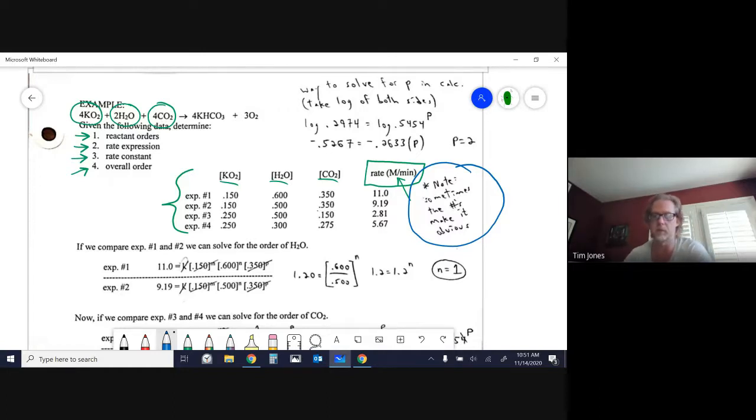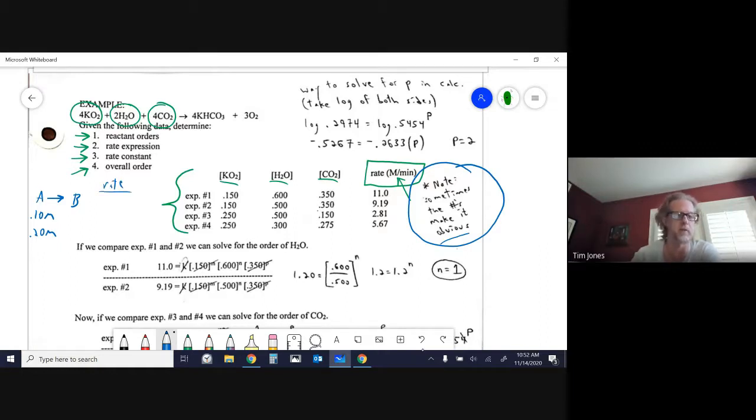However, sometimes it is obvious. In other words, let's just say chemical A is forming chemical B. And what you'll see is an experiment is done where chemical A is, let's say, 0.10 molarity. And then another experiment is done where chemical A is 0.20 molarity. And the rate, for example, I'm just going to make up some numbers here.